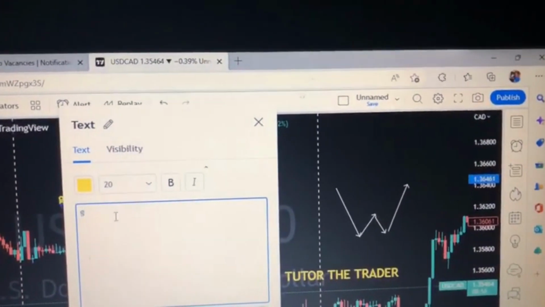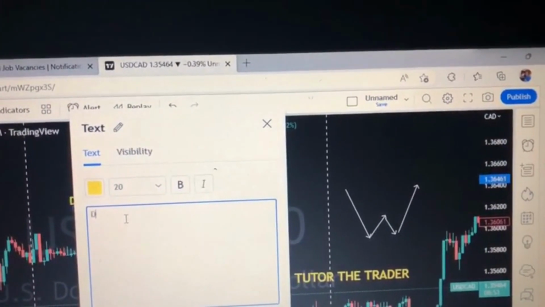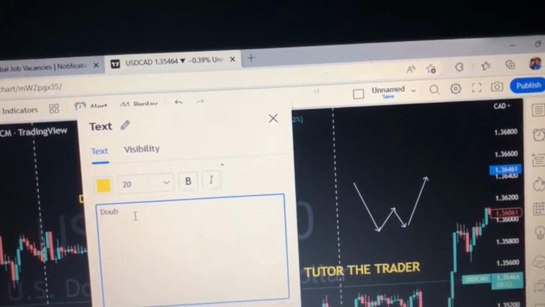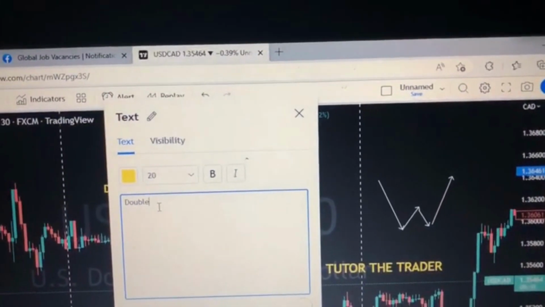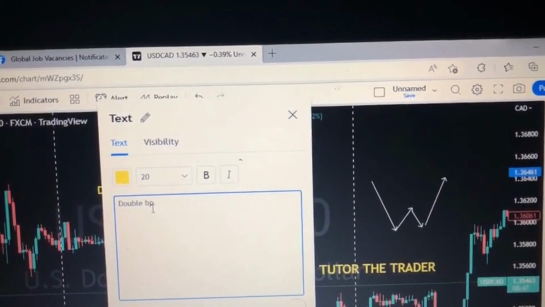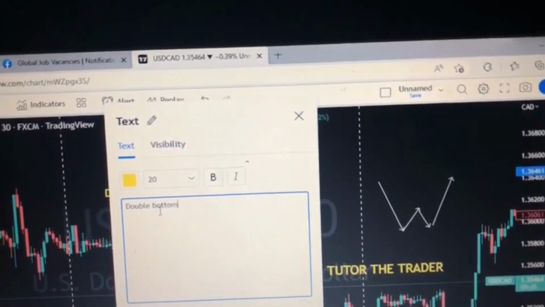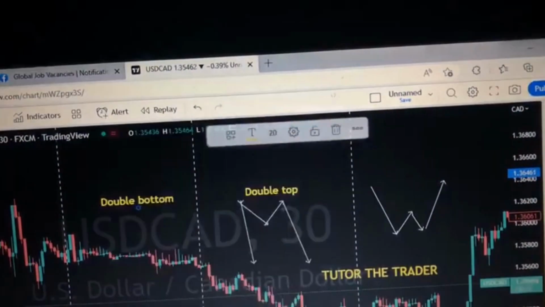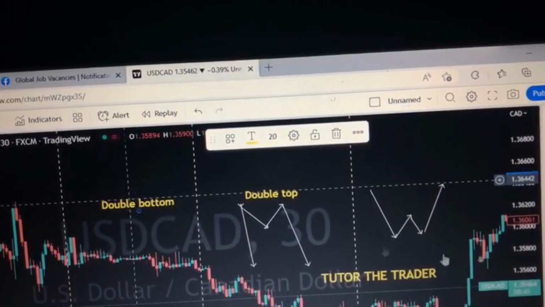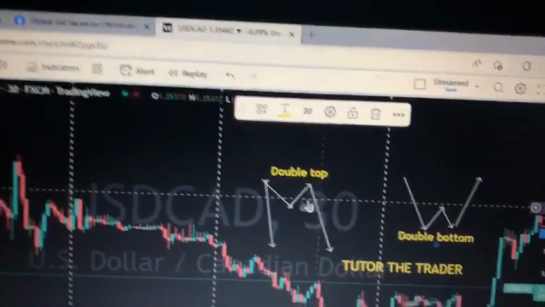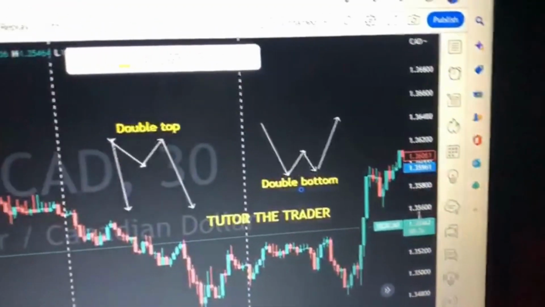And this is double bottom. Now this is double top and this is double bottom.